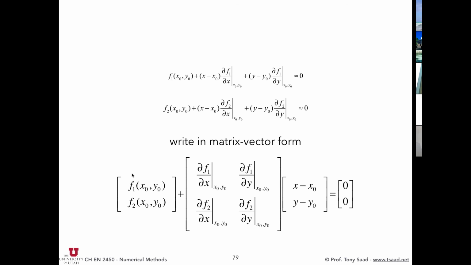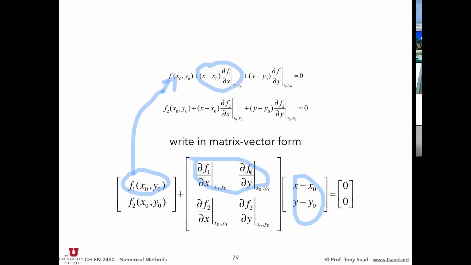So this guy is this one over here. And then this thing over here, dotted with the column vector, gives you df1 by dx times x minus x naught. So it gives you this term, plus df1 by dy times y minus y naught. So it gives you this form, equal to 0, right?